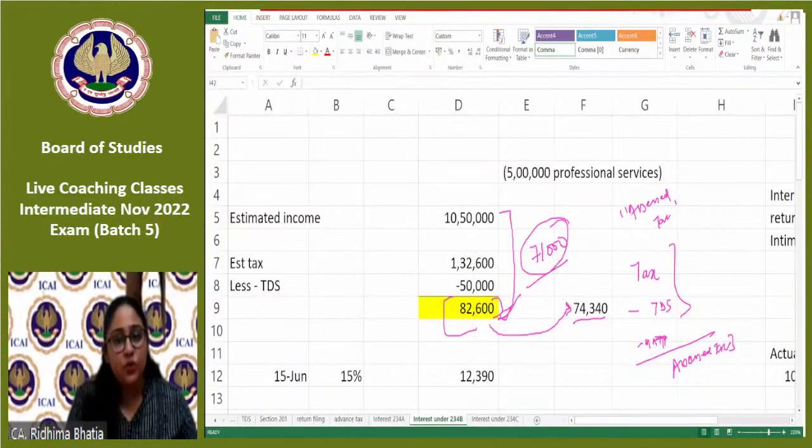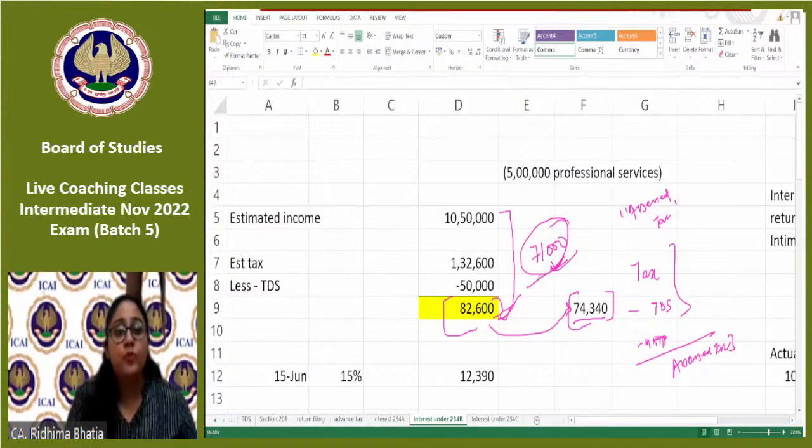That means my actual total advance tax is less than 90% of my assessed tax, because 90% would have been 74,340, right? That means there is a shortage, correct?